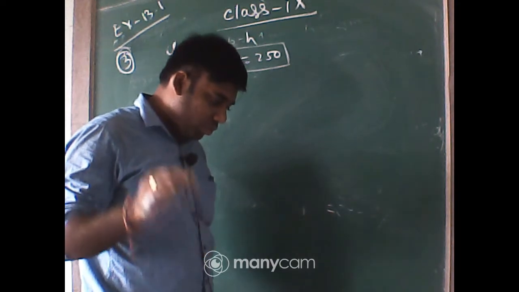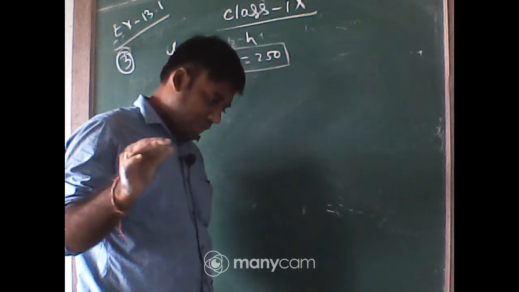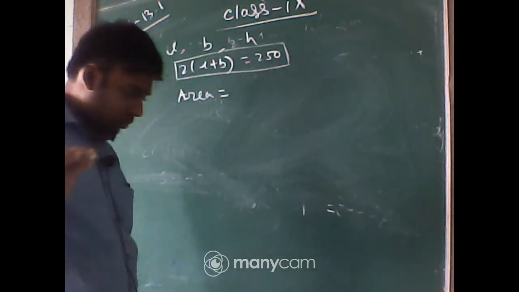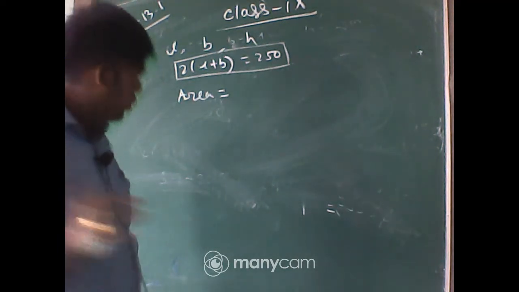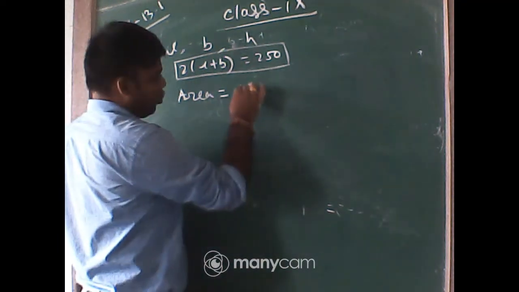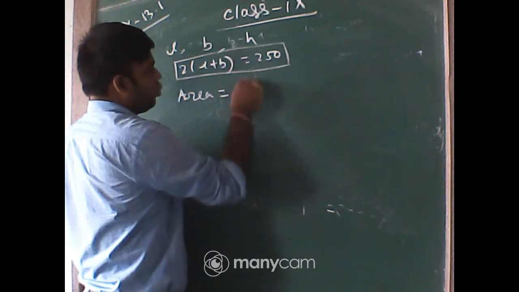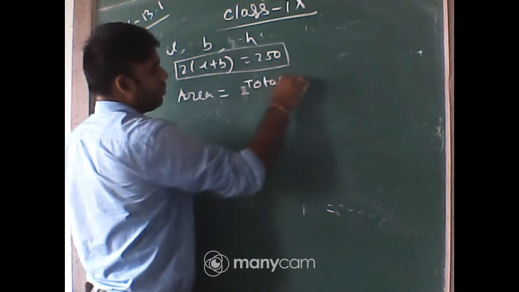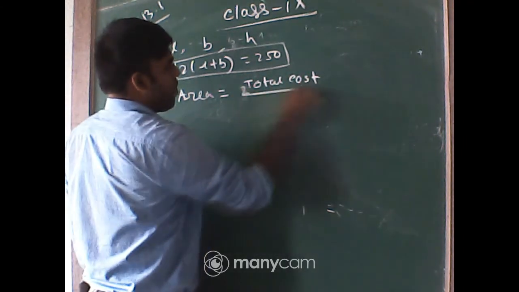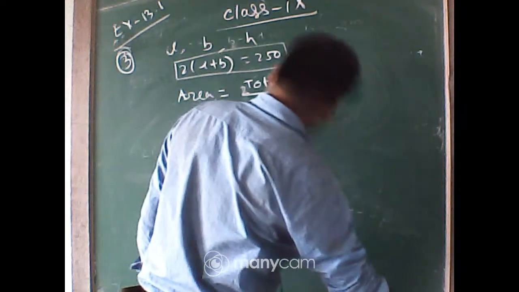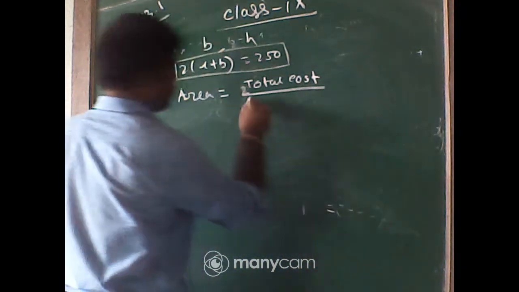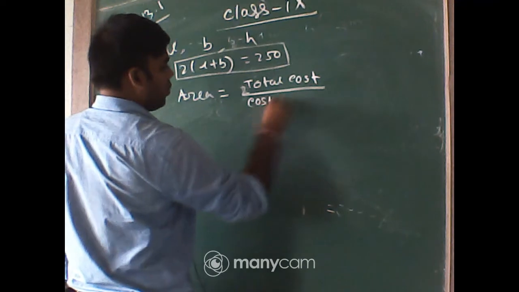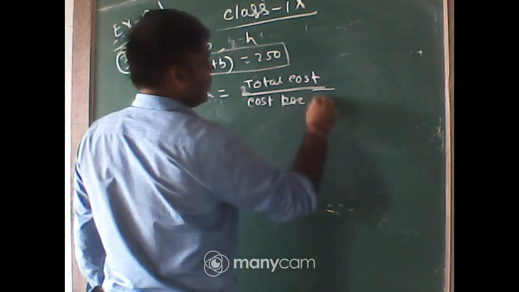Area of 4 walls is total cost divided by cost per meter square.